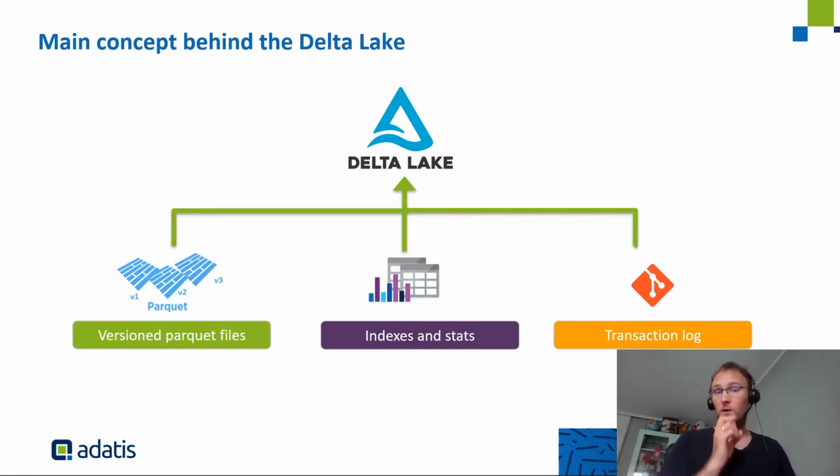So when we make any change to our existing table, like inserting new records, deleting, updating, merging, a new version of the Parquet file is written out to the Data Lake. And information about this new file and about the update, who committed, what committed, when committed, and the basic statistics, are gathered and put into the transaction log.